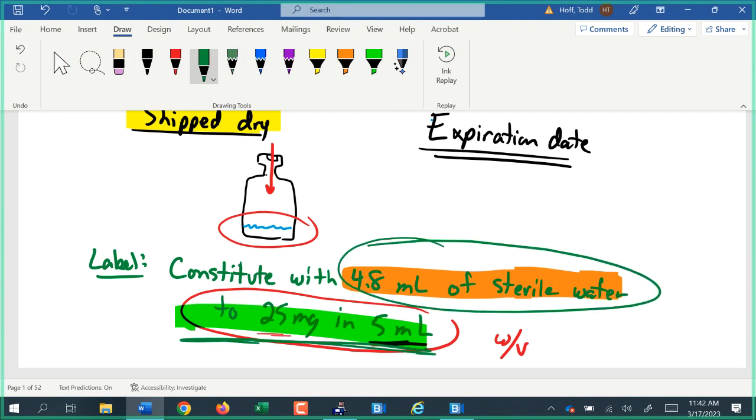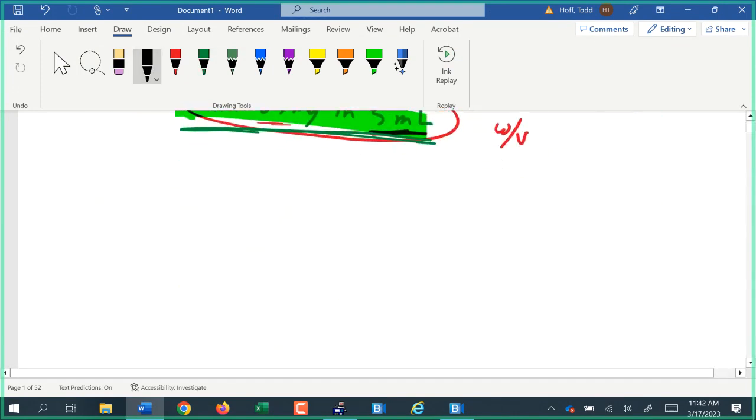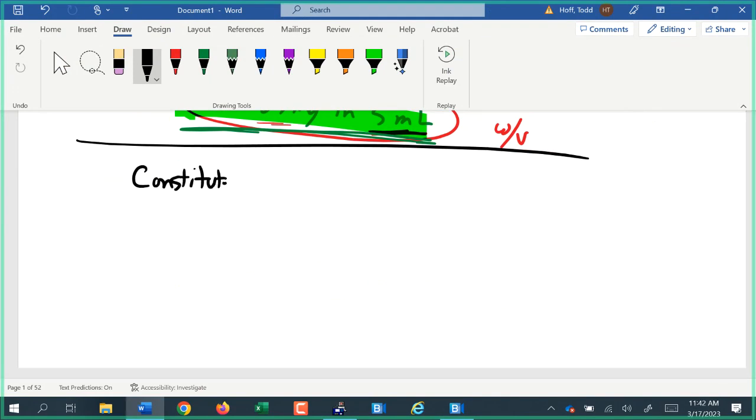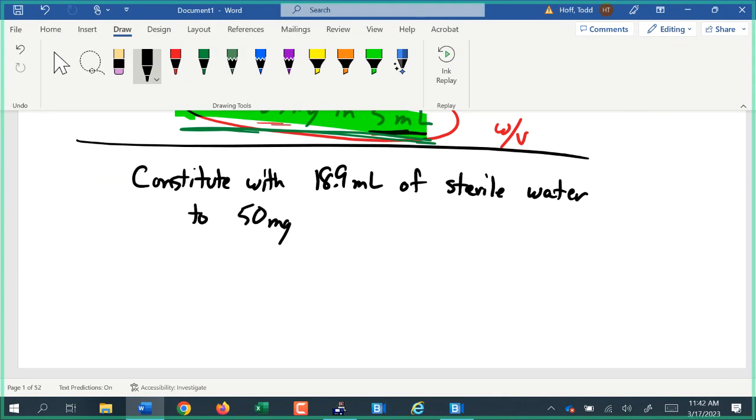As long as we make sure we correctly constitute the solution, this is the amount that we're going to work with later. Or we might have a label that says something like constitute with 18.9 milliliters of sterile water to 50 milligrams in 20 milliliters. So similar thing here.